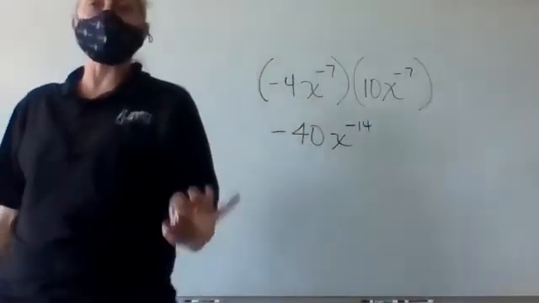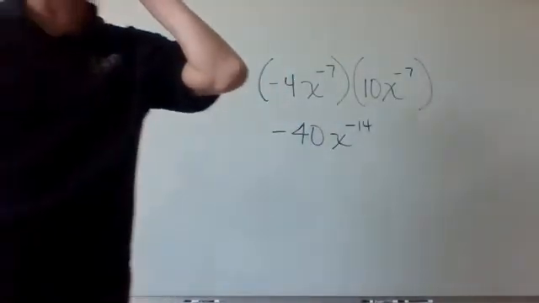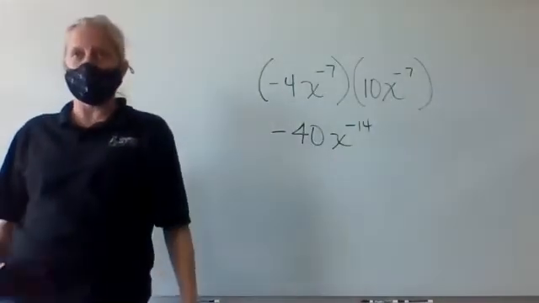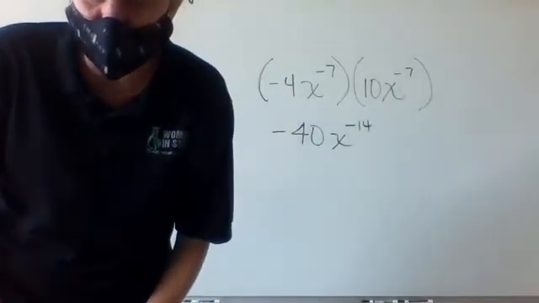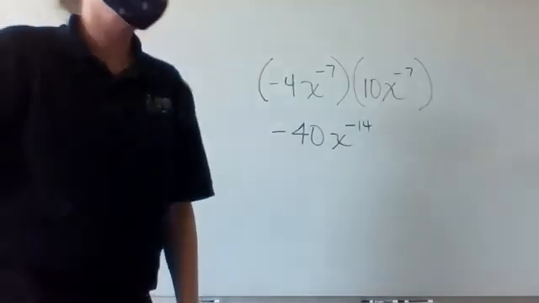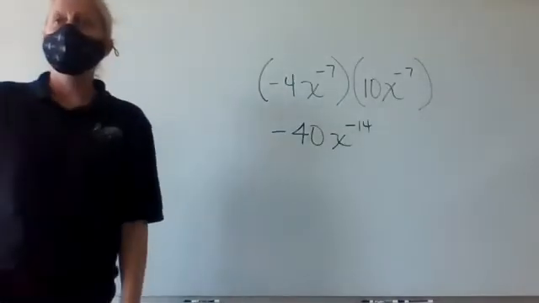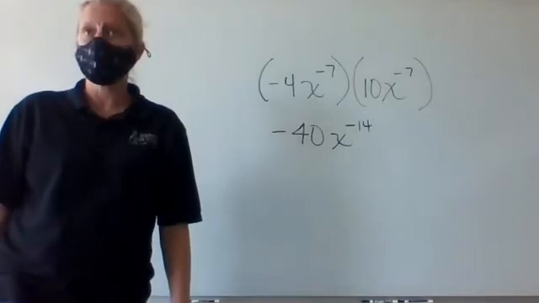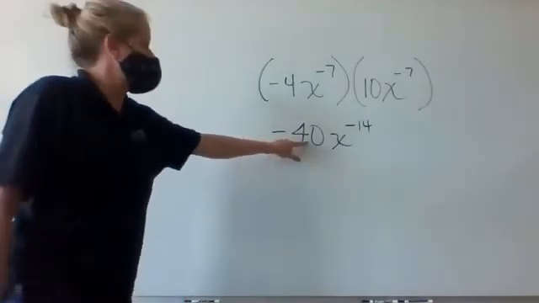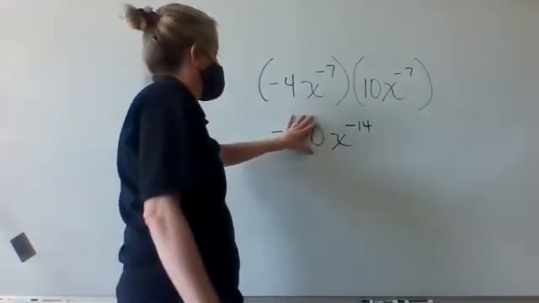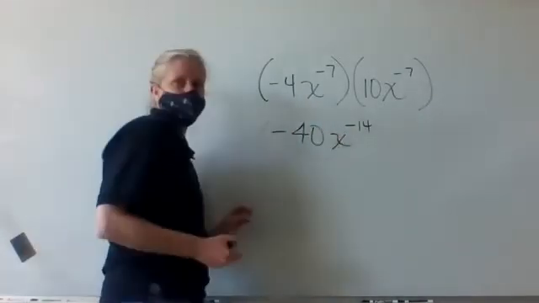What is your instructions on your answer going to say, though? Do not use a negative exponent in your answer, or however it says it. Use only positive exponents. So who has a negative exponent? Just the x, right? This doesn't, right? If it wanted to raise this to the -14, you would see that, right?